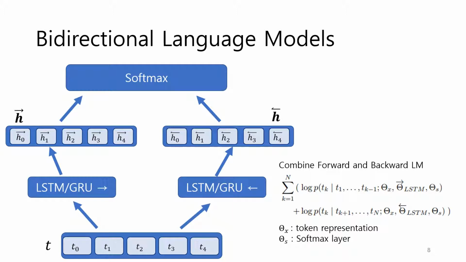This is the architecture of the bi-directional language model. It combines both a forward and backward language model. On the bottom is the representation of the input. They are usually words. And then we pass it up to the recurrent structures like LSTM and GRU, and they are going to read the sequence. On the left side, it reads the sequence forward, and the one on the right side reads the sequence backward.